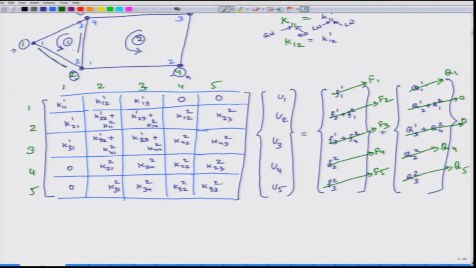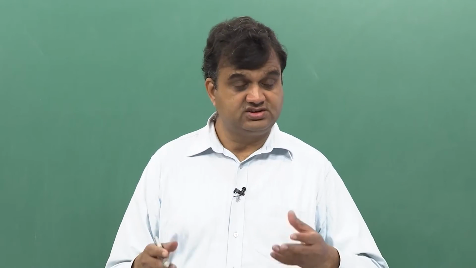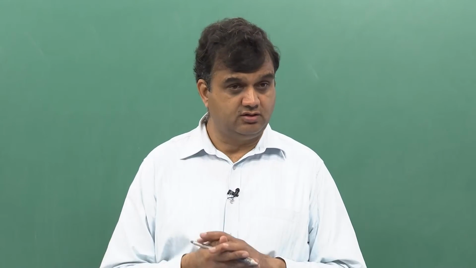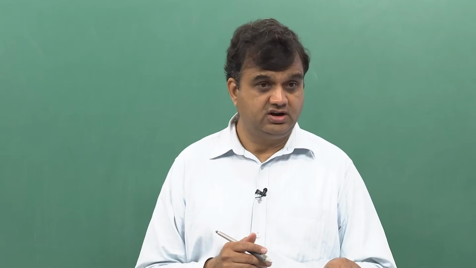So either I know Q's or I know U's, then I can solve these equations. Okay. So that is what it boils down to. Out of these 8 unknowns, 5 U's and 3 Q's, I have to know some 3 of these values through boundary conditions. Once I know those, then I can eliminate specific equations and I can solve for the remaining unknowns. So this is how it works out.